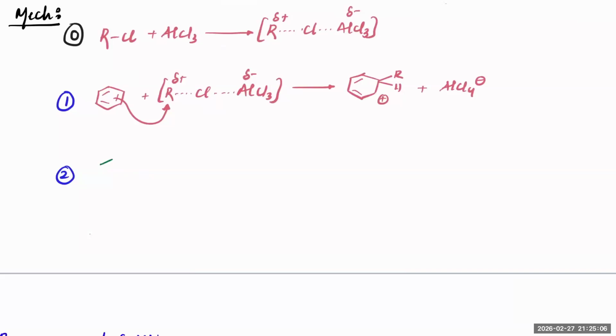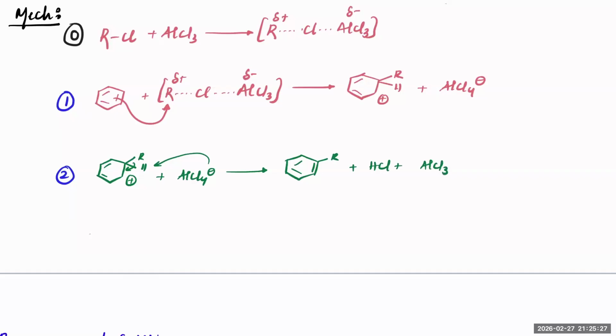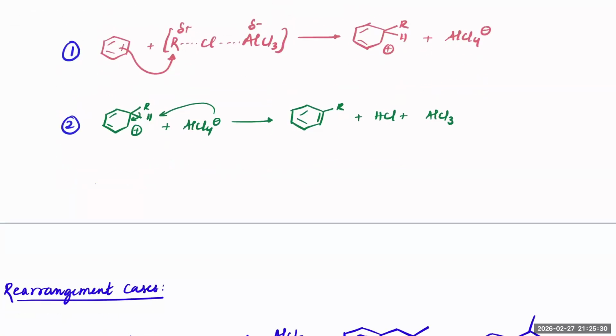And once you get this, we will get R and H with a positive charge, and AlCl4 minus will attack back so that it can retain the aromaticity, thus making this into an alkyl benzene with HCl plus AlCl3. So that's how alkyl gets substituted on benzene. This is how typically it would happen.